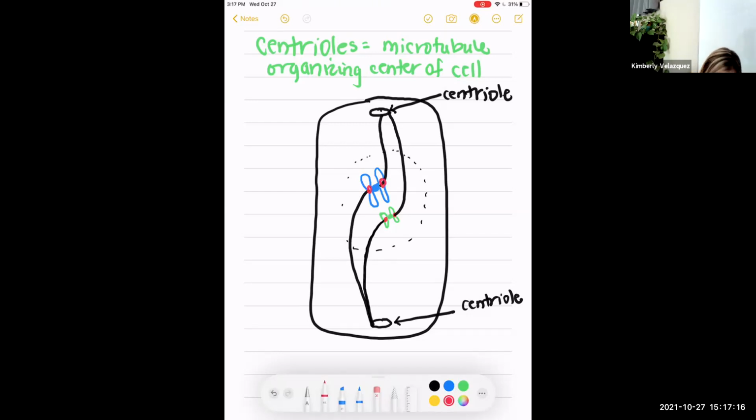Kinetochore, kinetochore, microtubules are the black things. Those microtubules come from the centriole. When you have a lot of these microtubules coming out of the centriole, this whole complex here is called a spindle.